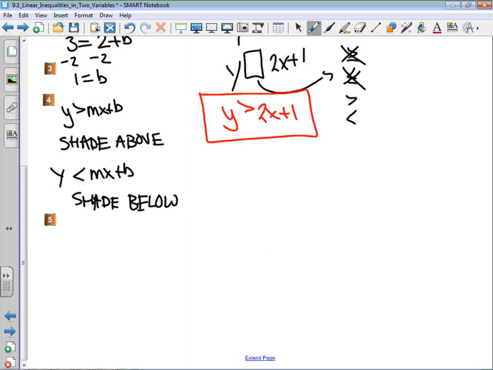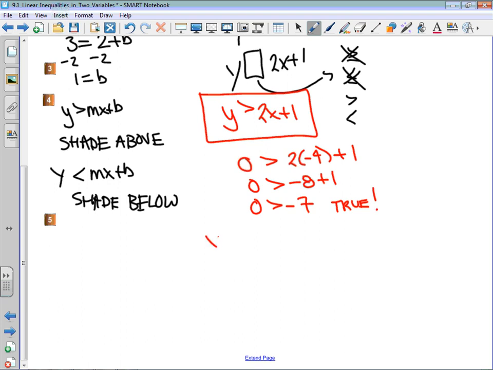And when I do that, I get that 0 is greater than 2 times negative 4 plus 1, which is 0 is greater than negative 8 plus 1, so 0 is greater than negative 7. Is 0 greater than negative 7? Definitely. 0 is to the right of negative 7 on a number line, so this is true, which means that should be a part of our solution region. So y is greater than 2x plus 1 is correct.